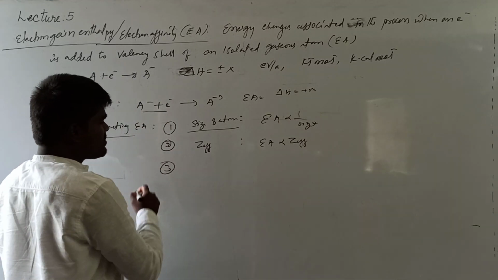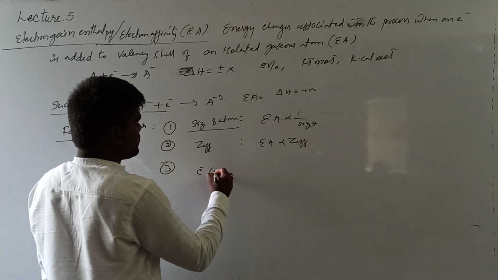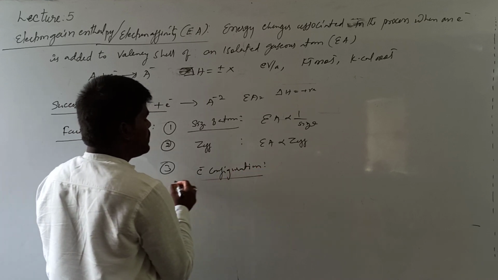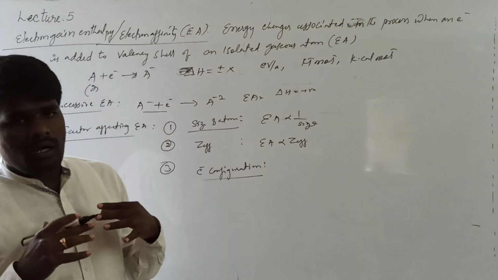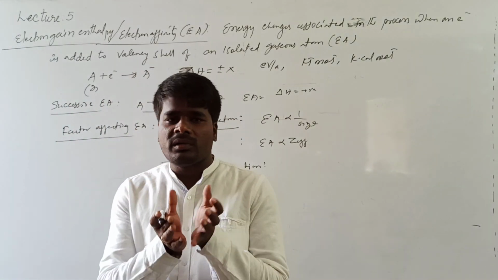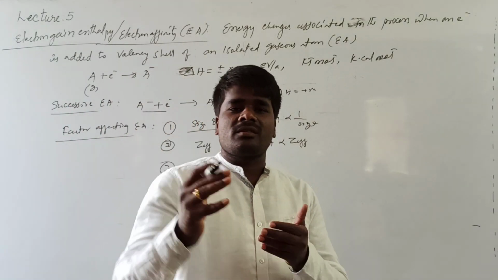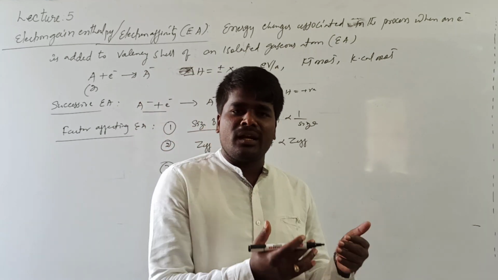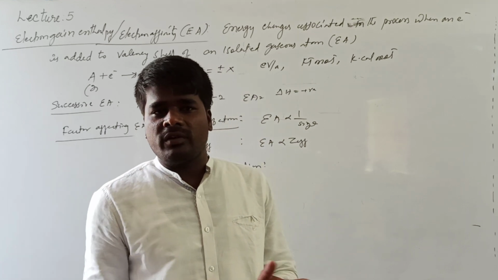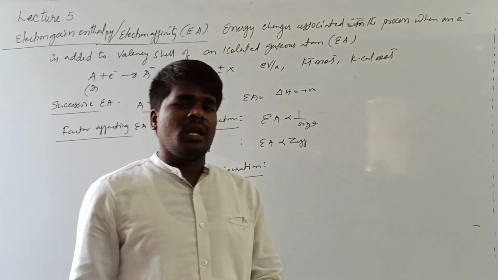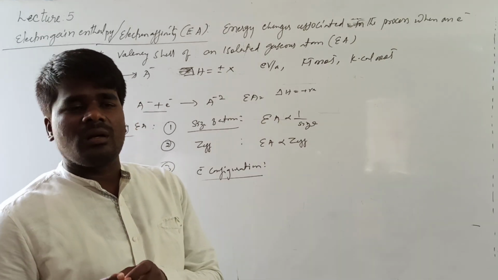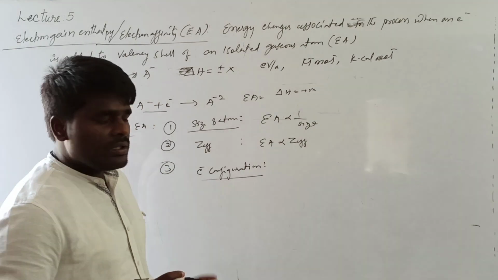And the third factor is electronic configuration. Generally, an exactly half filled or fully filled orbital will resist accepting an electron, because the stability that they attain due to this half filled or fully filled configuration will be lost if you add an electron, so in that case there will be resistance from the valence shell to adding the electron. Right?